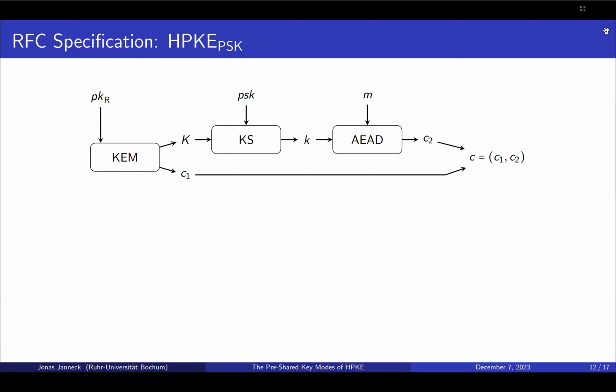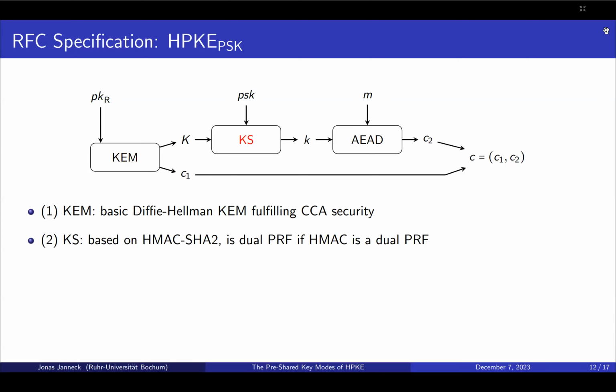specifications. So here we have these three components, and let's now take a look at how they are defined. For the CAN in the PSK mode, this is just the basic development CAN, so we have CCA security. The key schedule is based on an implementation of HMAC, and this is also a group HMAC.